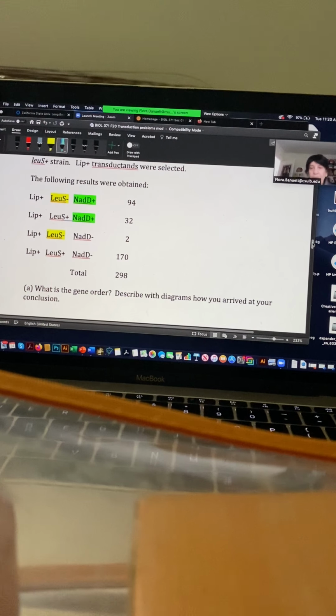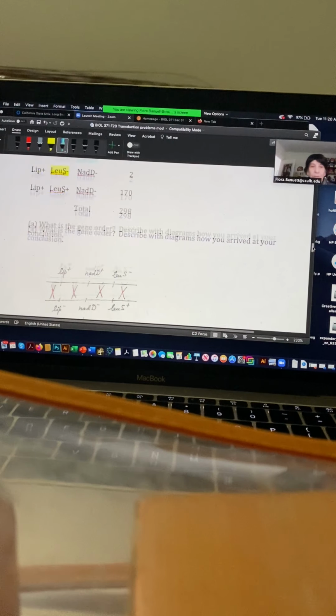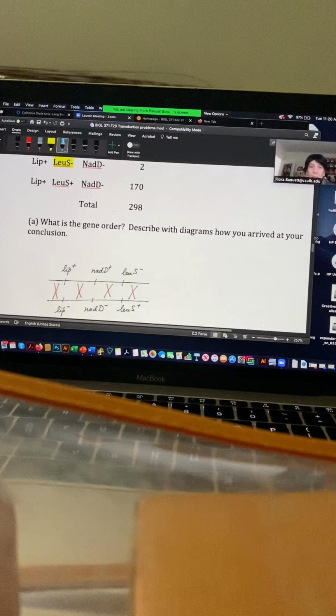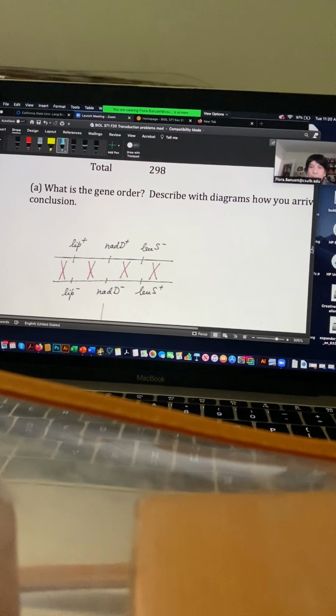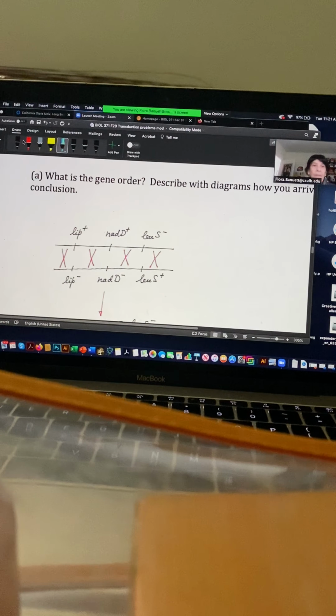So you have to do it by trial and error. I didn't do both. I just put the one that is the order. So if you have 4 crossovers, and I write them in this order, you will have LIP plus, NAD minus, LU minus.